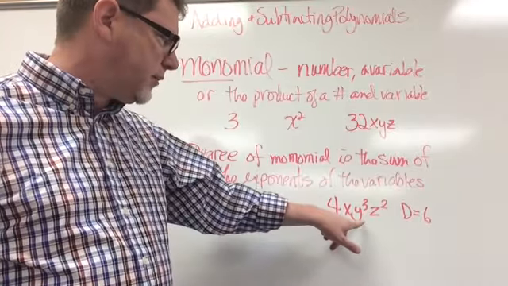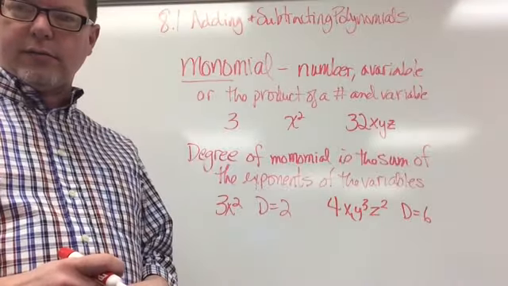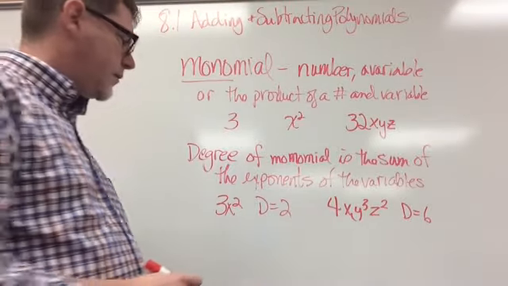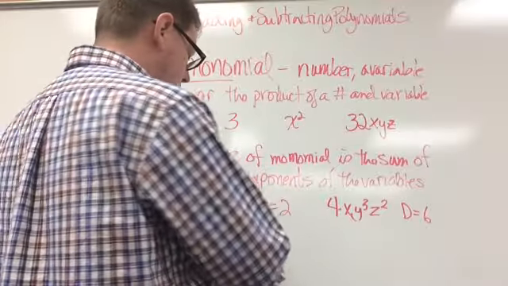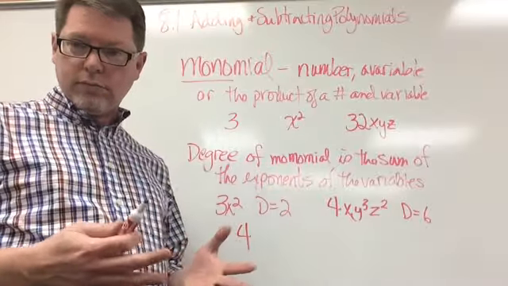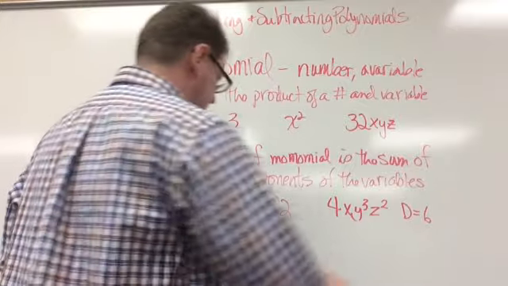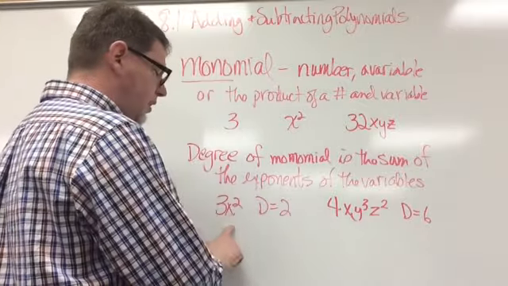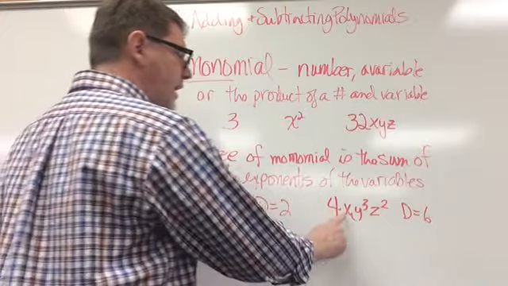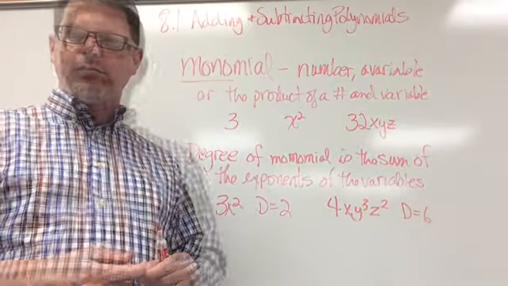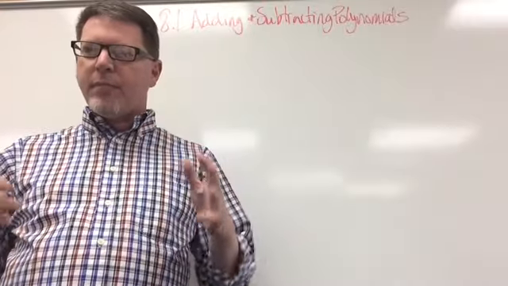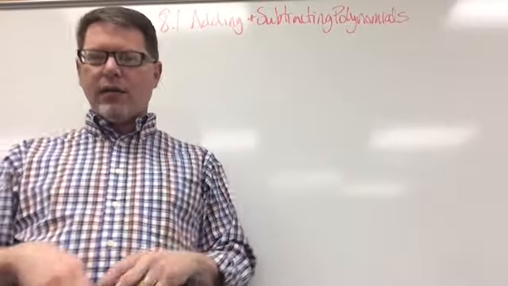Again, I'm only looking at the variables and adding their exponents. If I have just a number, like 4, there is no degree to 4. Okay? So I can only find the degree by looking at the variables and adding the exponents of each of the variables. Now that we understand everything we need to know about monomials, we can now look at polynomials.